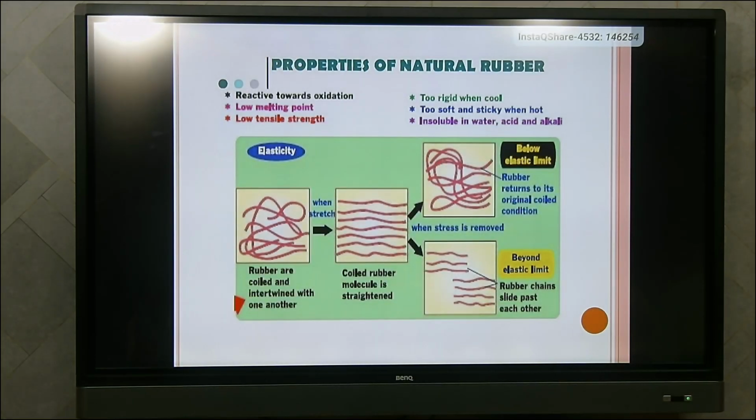And the properties of the natural rubber have been earlier discussed under the head of your elastomers, and again for your view you can see the properties of the natural rubber. It is rigid, it is highly soft at times when it is heated, and it is highly not affected by water, acid, alkali, etc. It has low melting point and low tensile strength.